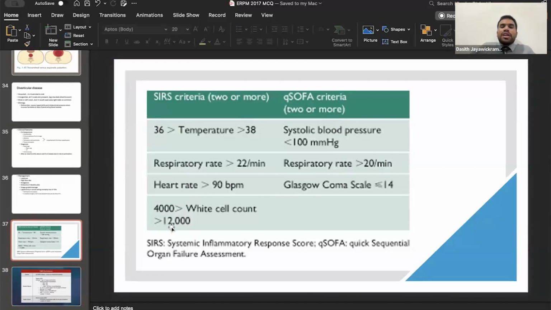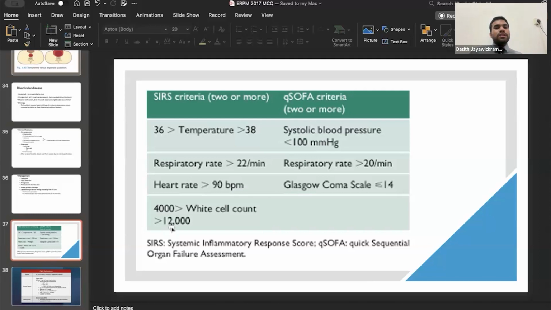So SIRS criteria is completed. Then what about severe sepsis? Is there any organ dysfunction? Yes, the patient's SBP is 90, so there are features of cardiovascular compromise. So the first term is true.